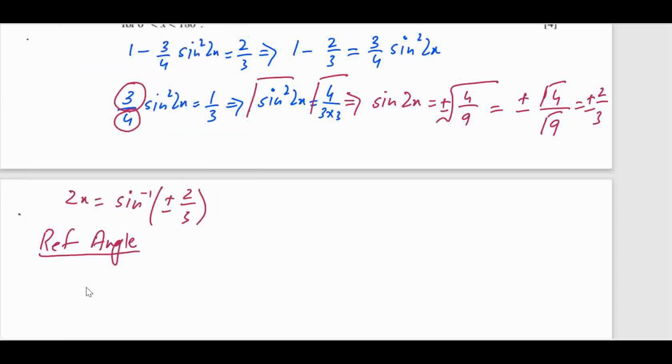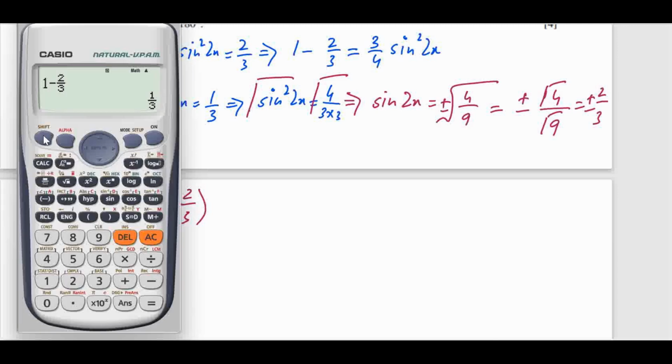Now for the reference angle, this will be 2x is equal to sine inverse of 2 by 3. For the reference angle, we have to take the positive one. So simply take shift sine inverse of 2 by 3. So this will be equal to 41.81.